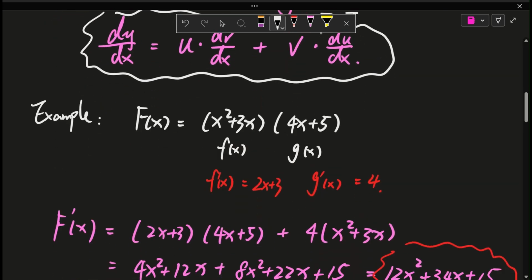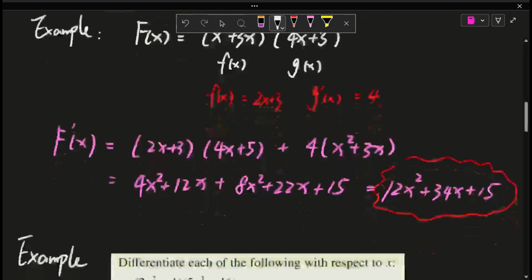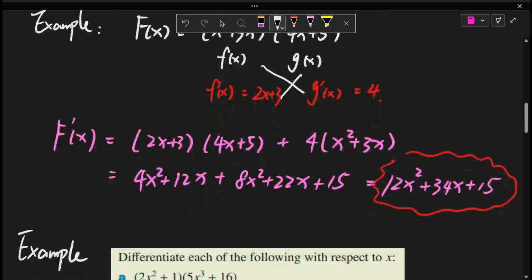For example, if we have x squared plus 3x times 4x plus 5, then f(x) is x squared plus 3x and g(x) is 4x plus 5, and then f'(x) equals 2x plus 3, and g'(x) is 4. Then we just cross multiply, and that equals 2x plus 3 times 4x plus 5, plus 4 times x squared plus 3x. And then the rest is just simplifying.